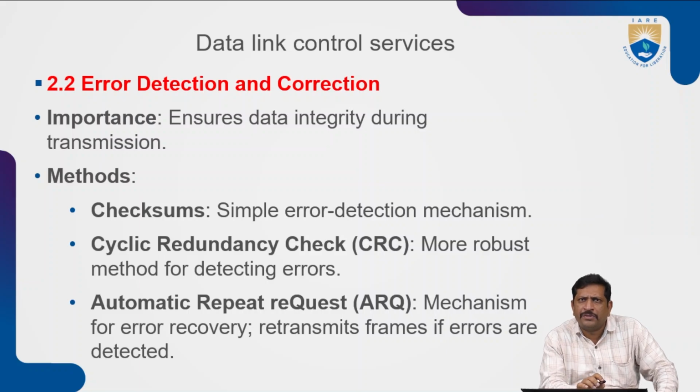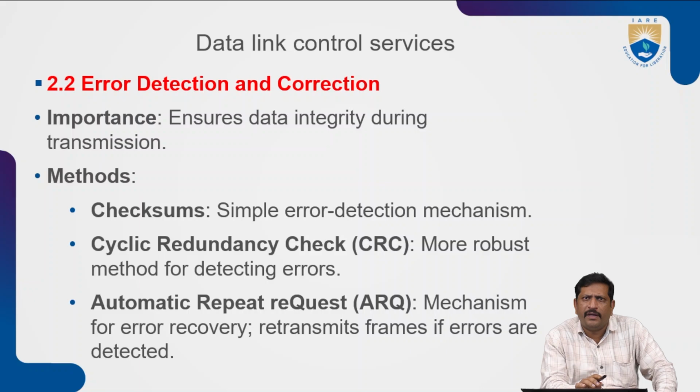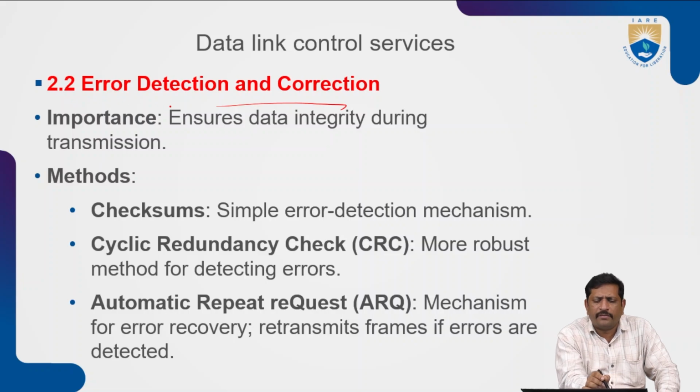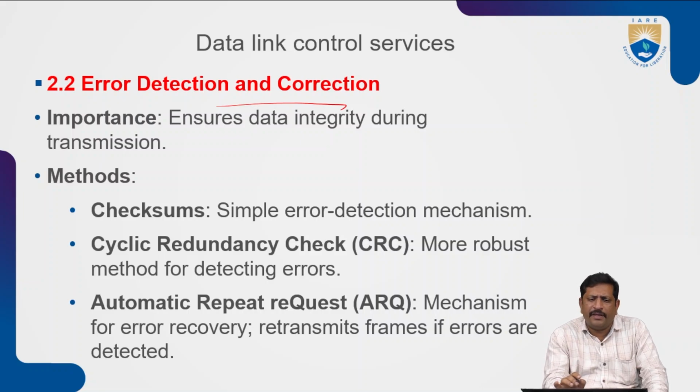Next service of data link control. The second service is error detection and correction. What is this data link control service doing? It detects the errors and corrects the errors, which ensures data integrity during the transmission.